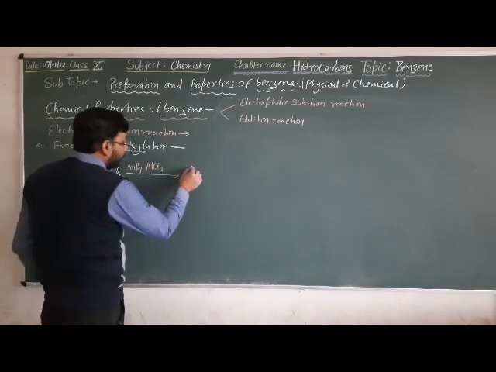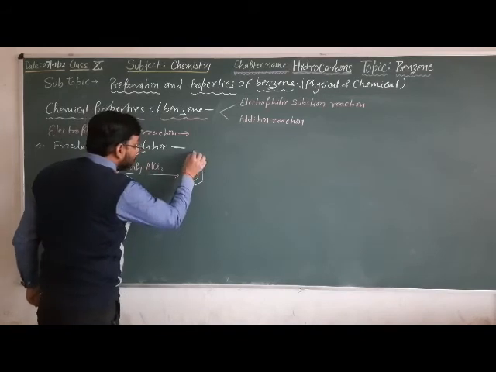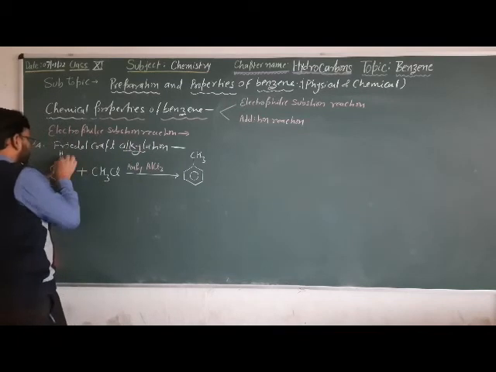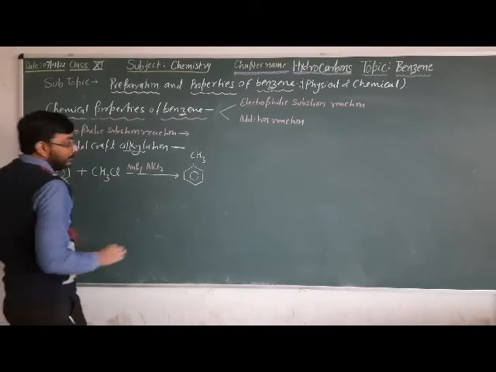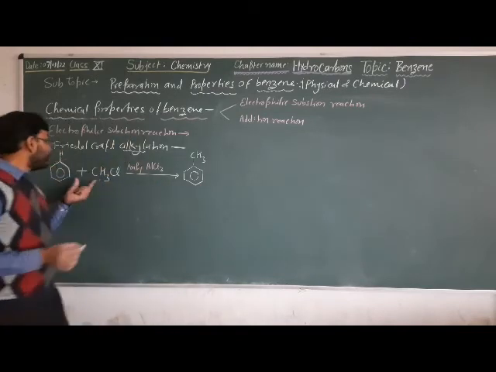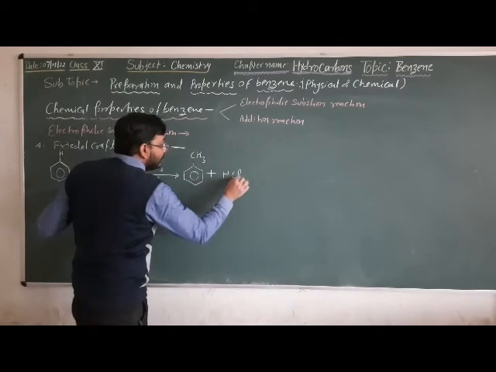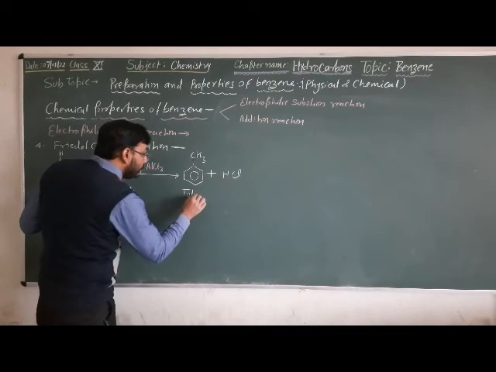It will give us a product. The product name is toluene. Hydrogen is here. Hydrogen gets replaced by CH3, plus HCl. Name of this compound is toluene.